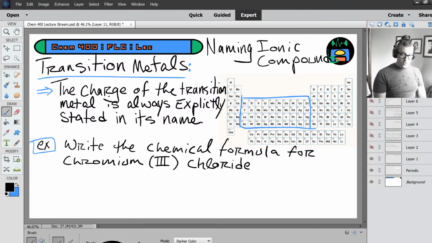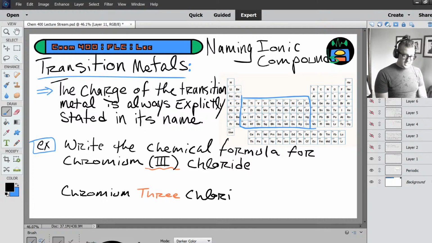All right, just so you know, that's how you write it out. The way that you state this, if you're reading this, you heard me say that this is chromium 3 chloride. That's how you say the name of this compound, chromium 3 chloride.